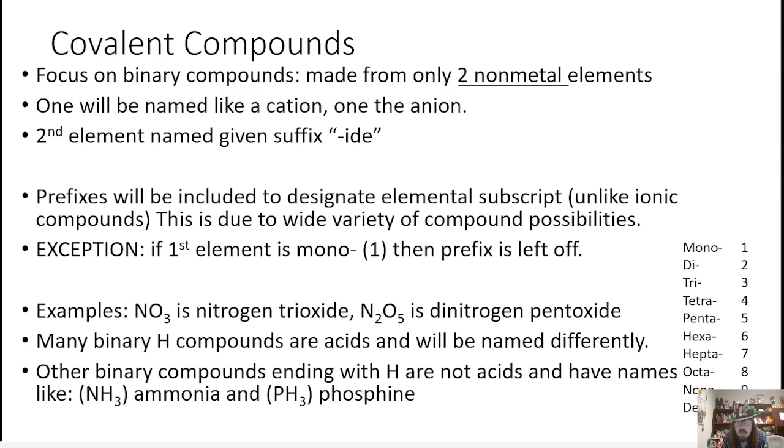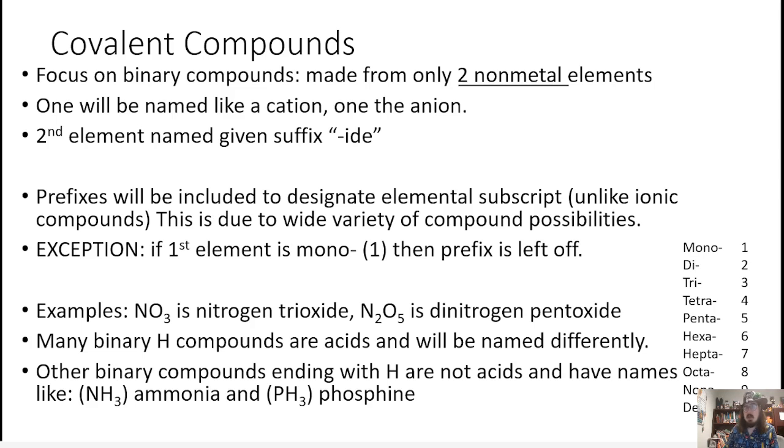Now the one major exception is any compound that contains hydrogen. Most hydrogen compounds will become acids because of how hydrogen acts. So they will be named differently. And even if it's not a true acid, they still often get an unusual name, so we will not name them like this.